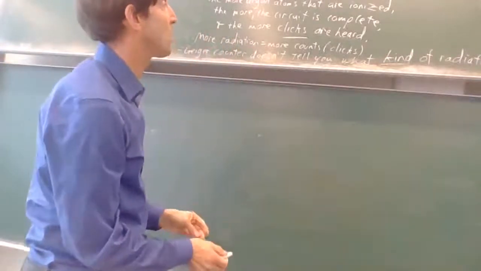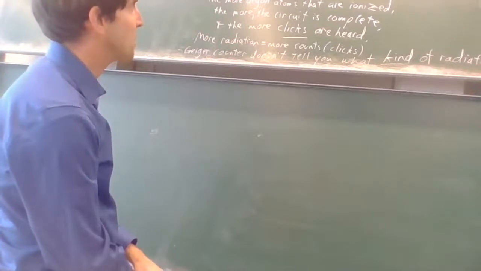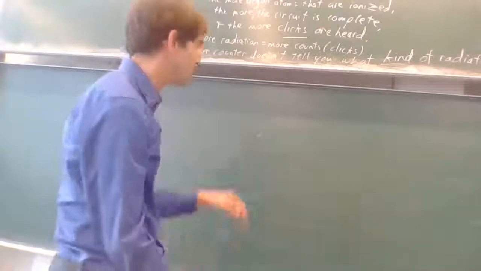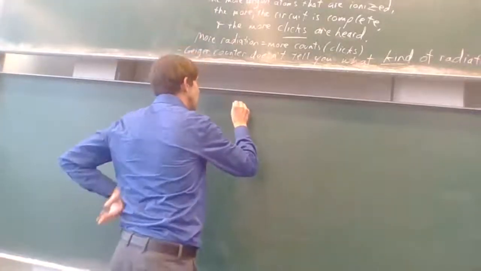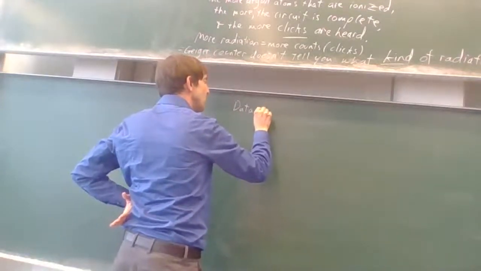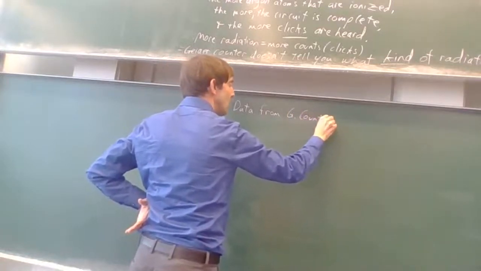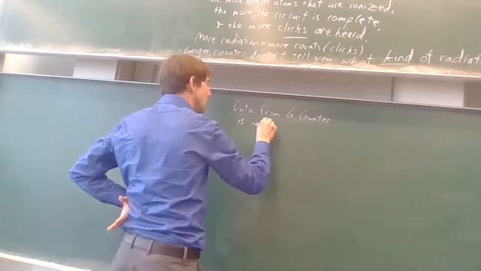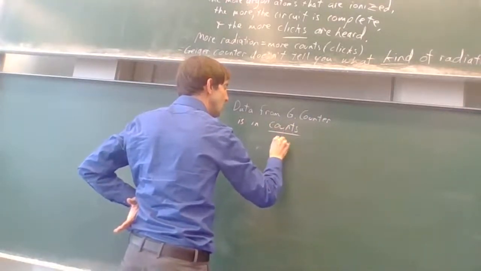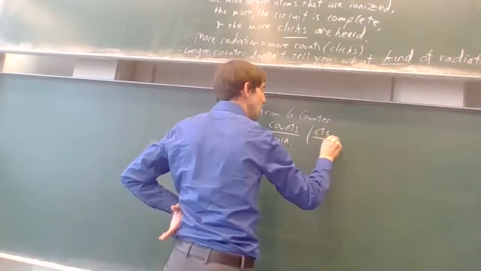Okay, let's see what else I was going to do with you. Okay, so units are in clicks or counts, but here's the deal. We got 73 counts in 3 minutes. Data from a Geiger counter is in counts per minute. Or here's how it's abbreviated, cts over minute.